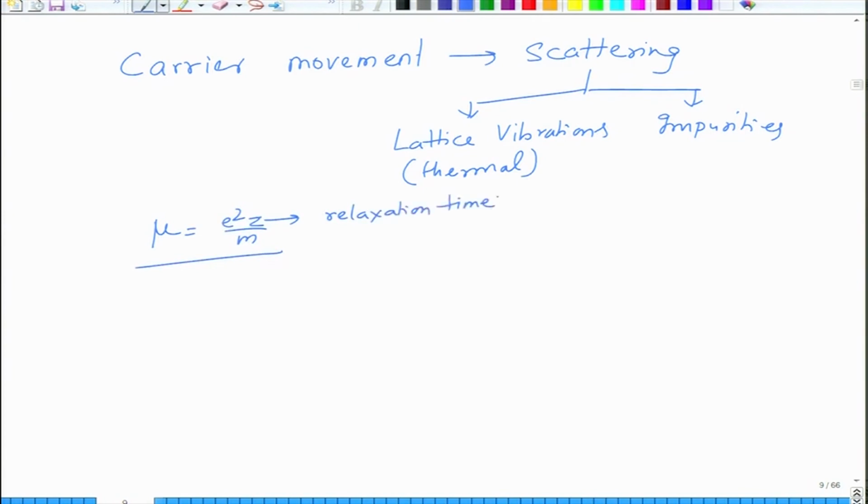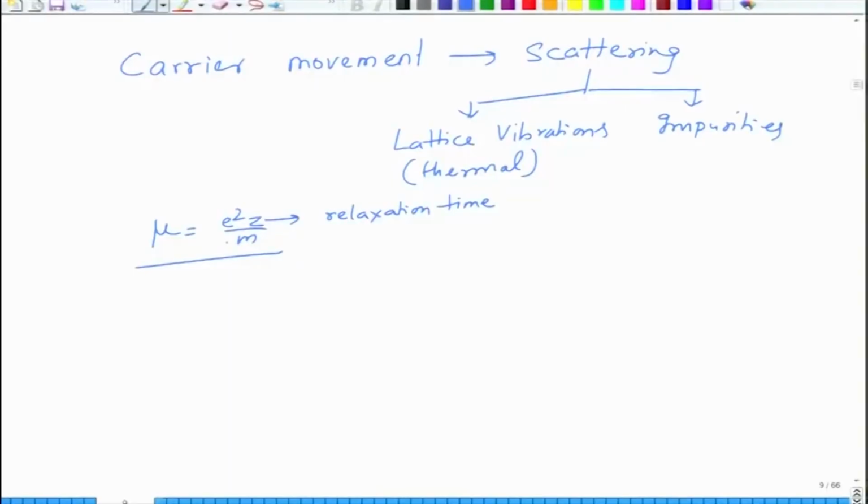Relaxation time means the time spent by a carrier between two successive collisions. It undergoes collisions with the lattice and with the impurities, and the higher the tau, the higher the mobility will be. So this tau is expressed as 1 over tau phonon plus 1 over tau impurities.